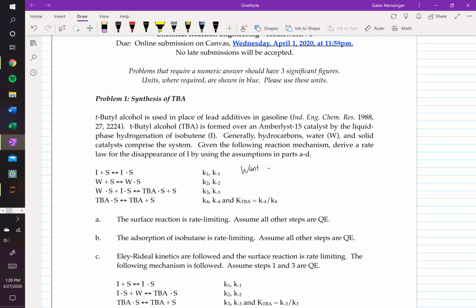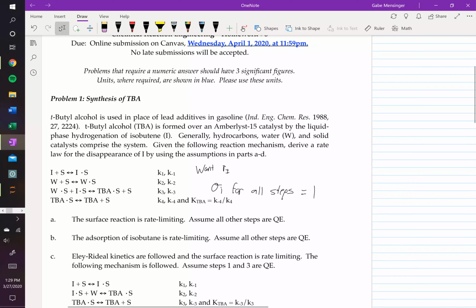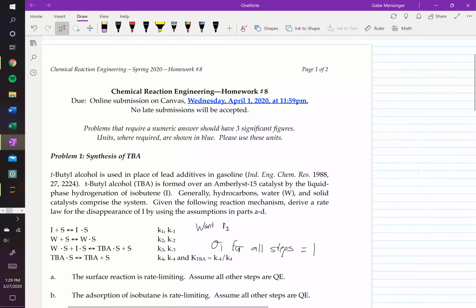I guess we just want RI, so that will be the disappearance. For the sake of this problem, we can assume that theta I for all steps is equal to 1. And we will move on.